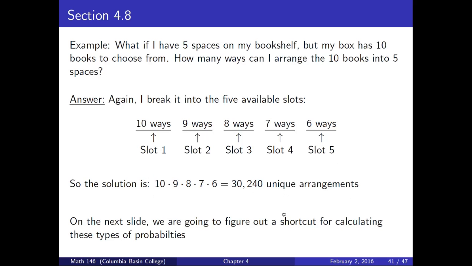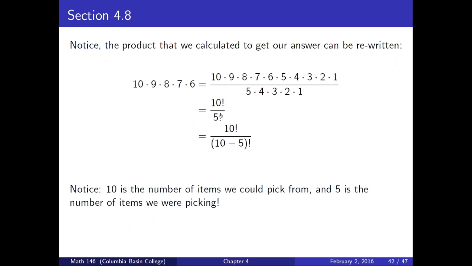But I really don't want to have to write out a bunch of slots and do this every time, so we want to come up with a shortcut. The way we can do this: let's take this product, 10 times 9 times 8 times 7 times 6, and rewrite it. On top, I'm going to have what we started with, 10 times 9 times 8 times 7 times 6.